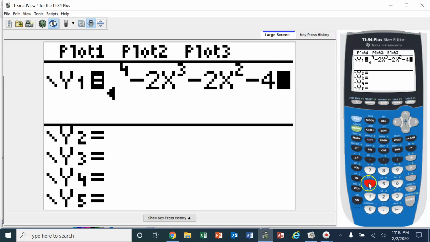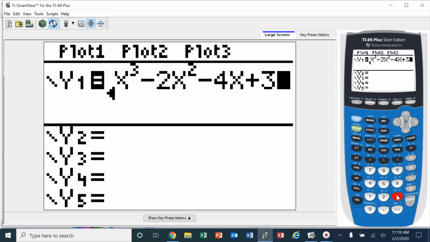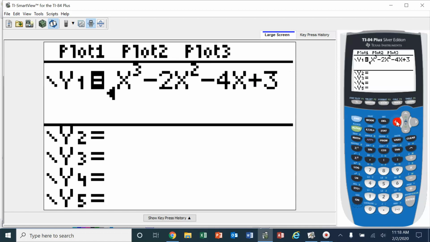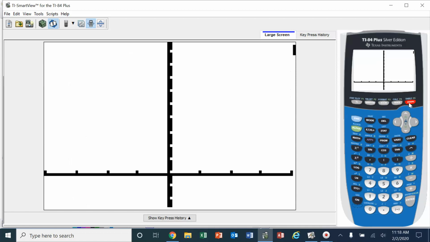All right, I think I typed it correctly. There's a lot there to type. Let me double check this. Yep, looks good. All right, graph.